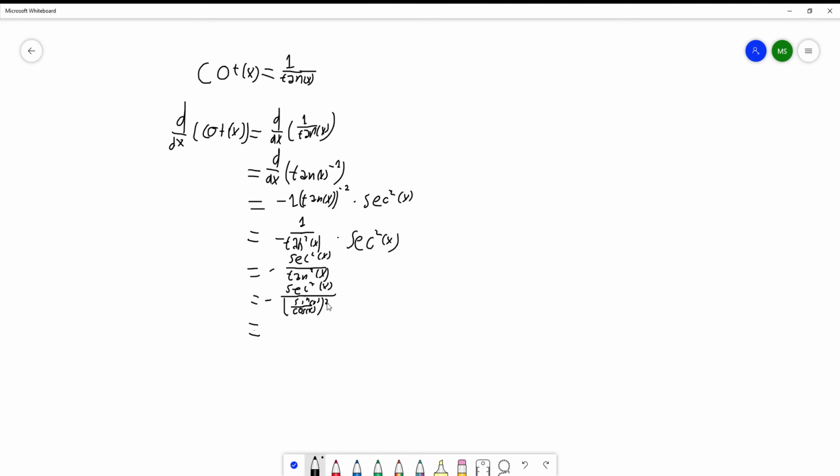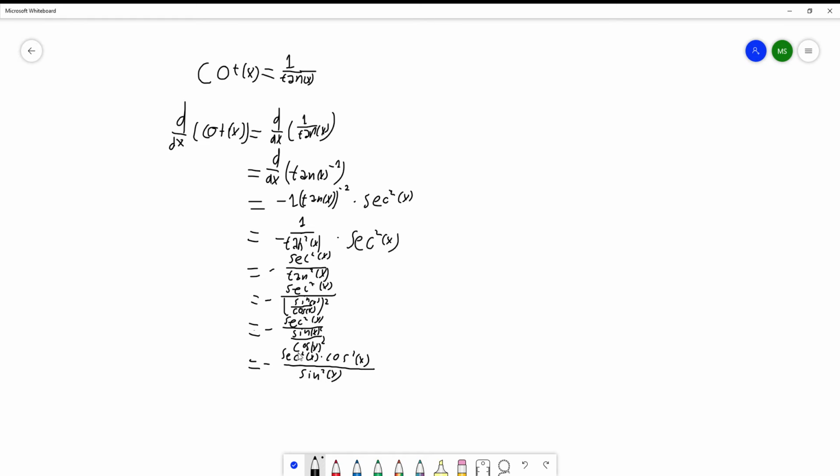Now we get this squared over here and over here. And then we can simplify that. I just move this cosine up here, and we have to divide by sine squared of x.